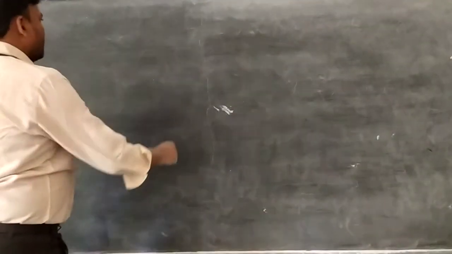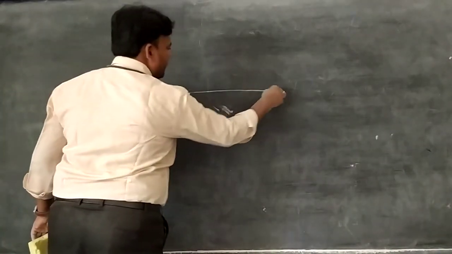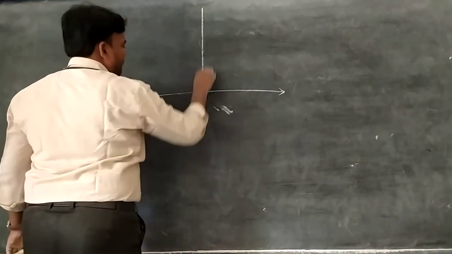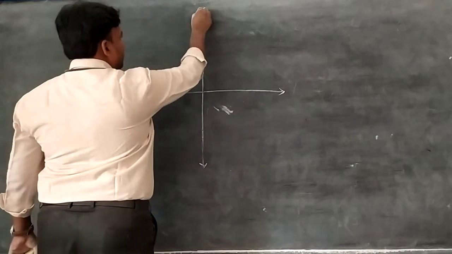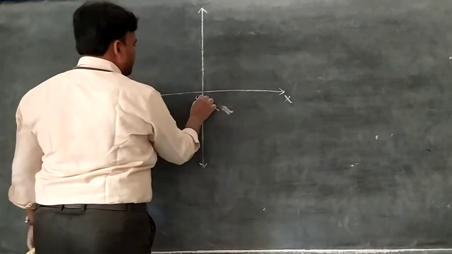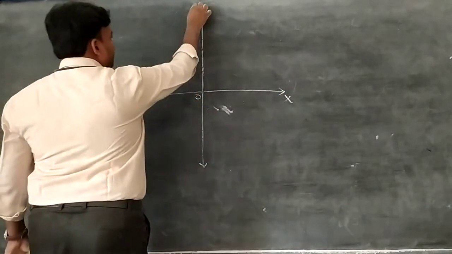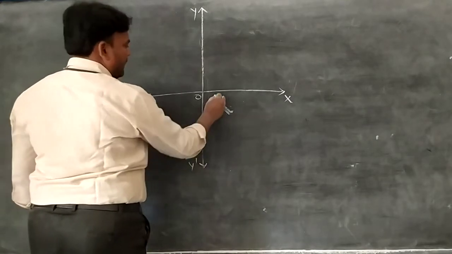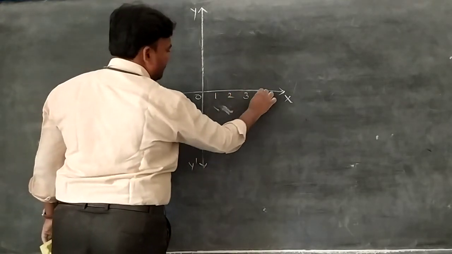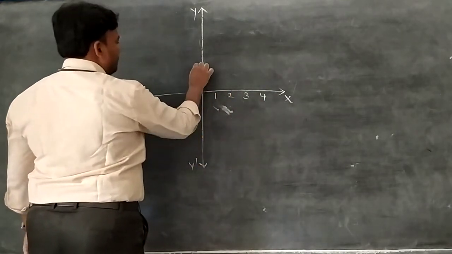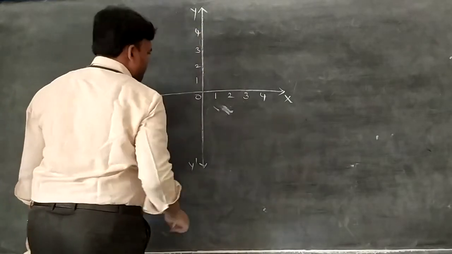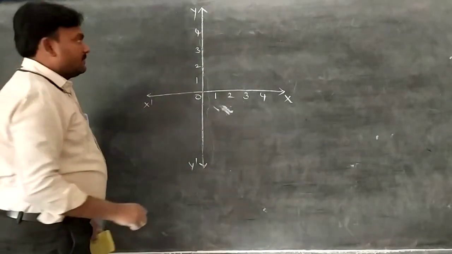Yes, observe, students, here we discuss 2 important points. So first of all, draw a coordinate axis, x-axis, y-axis, and also points 1, 2, 3, 4. Okay, I give, observe.